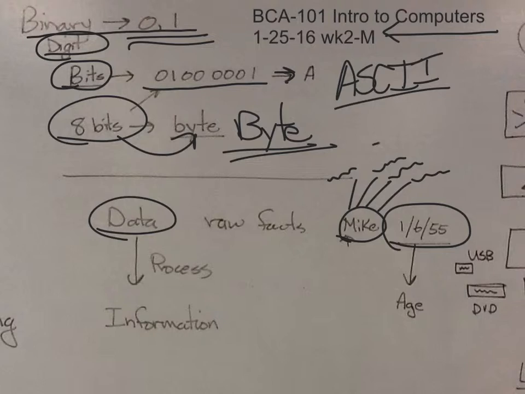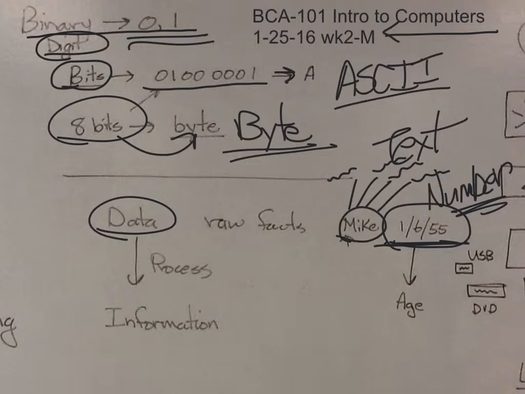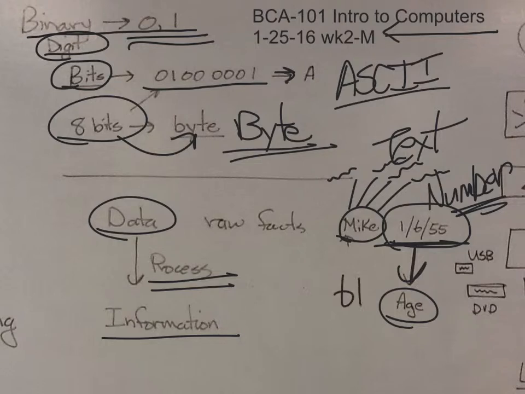Very often when people say it's text or it's characters, or this might be referred to as numeric. There's a special way of storing those numbers. For example, we would store this piece of data, my birth date, and then the computer could process that data and give us a piece of information that means something to us. Age, 61. I haven't been 61 very long, but 61.